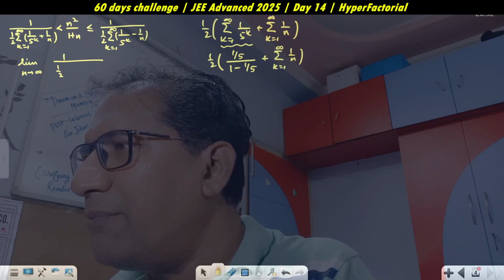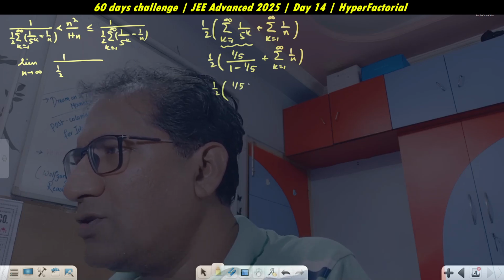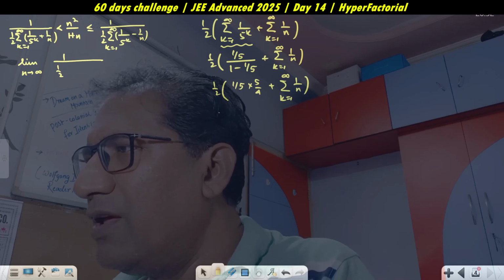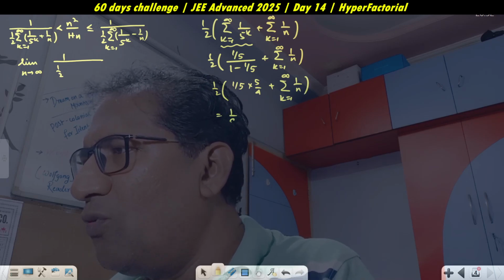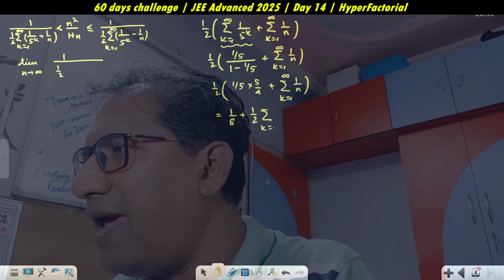So this half comes to 1 over 5 into 5 over 4 plus sigma k from 1 till infinity 1 over n. So this is actually 1 over 8 plus half sigma k from 1 till infinity 1 over n.